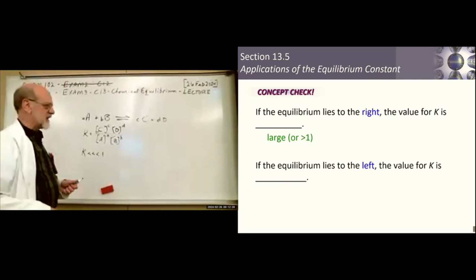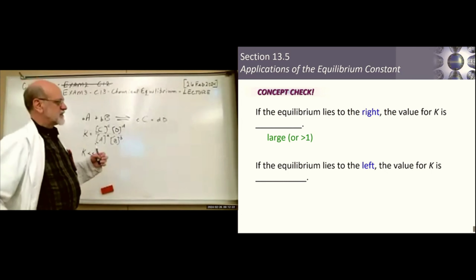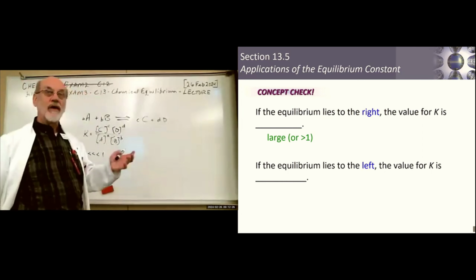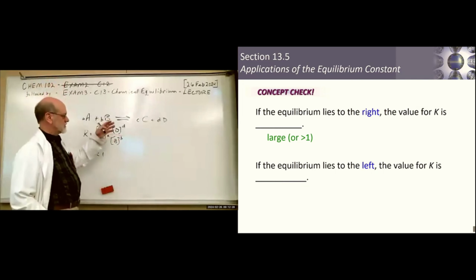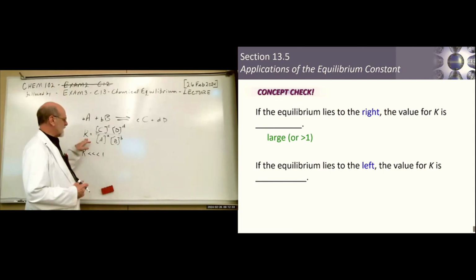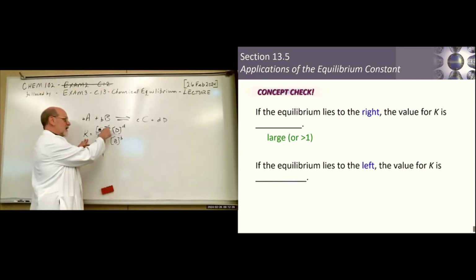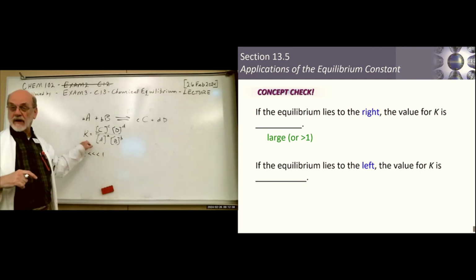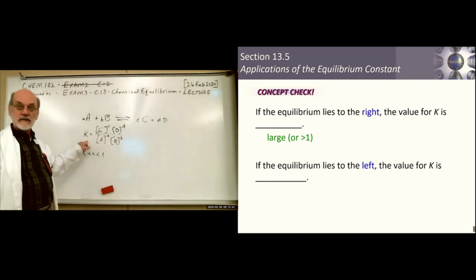Now your authors may say simply it's just greater than 1, right? So it could be 1.001, and they're saying it's one direction. Well, the problem with that is, how do we calculate K? We calculate K with these coefficient powers, right? So that can muddy the waters.